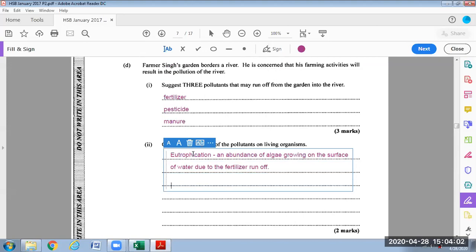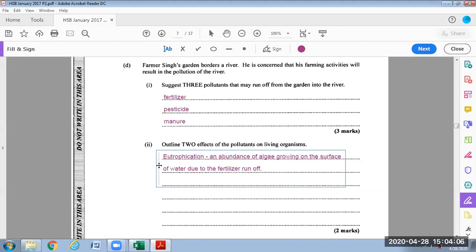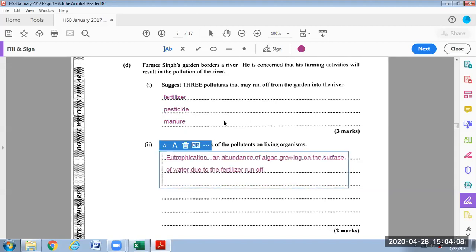What is something else? If you're talking about a pesticide, what is the effect of pesticide? Miss, it could disrupt the natural food chain. It could disrupt the natural food chain and poison. Remember, pesticides kill pests.